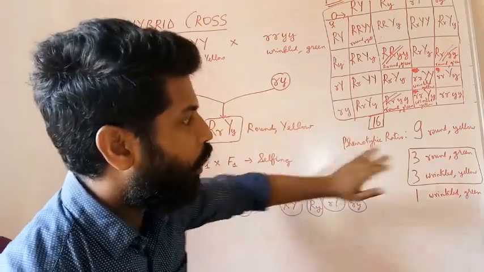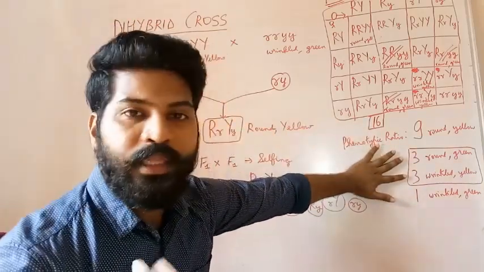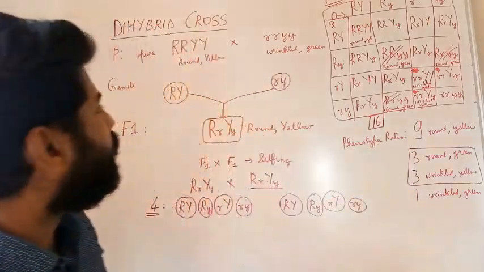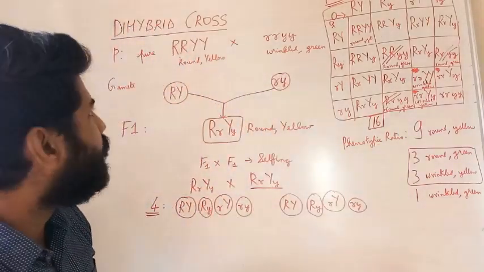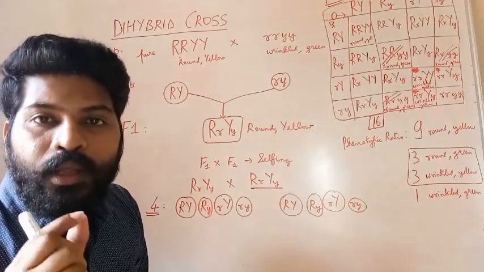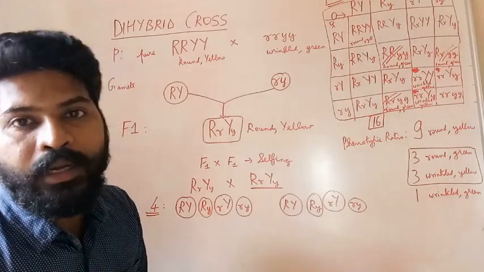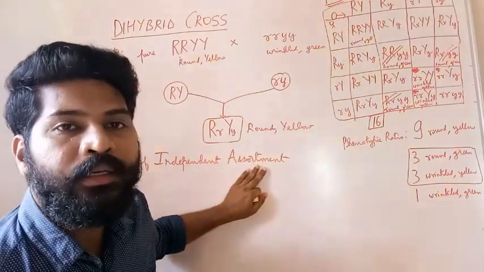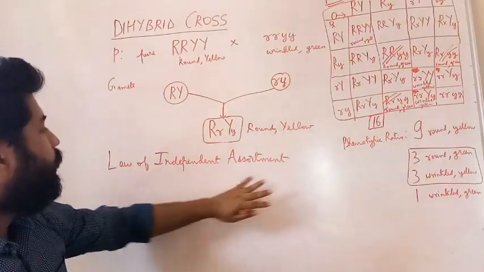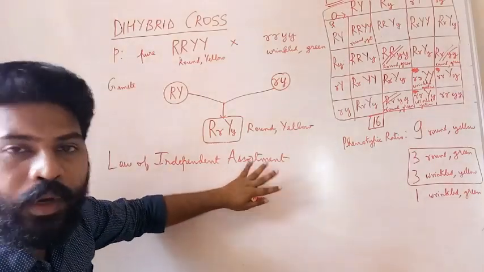Now, based on the production of these two new combinations, based on the dihybrid cross, Mendel proposed the third law, that is the law of independent assortment. Assortment is to segregate independently. What does this law say?